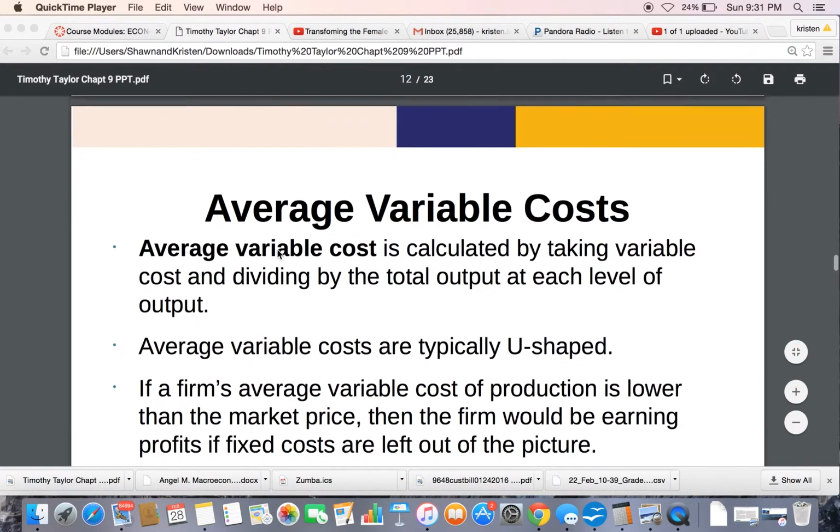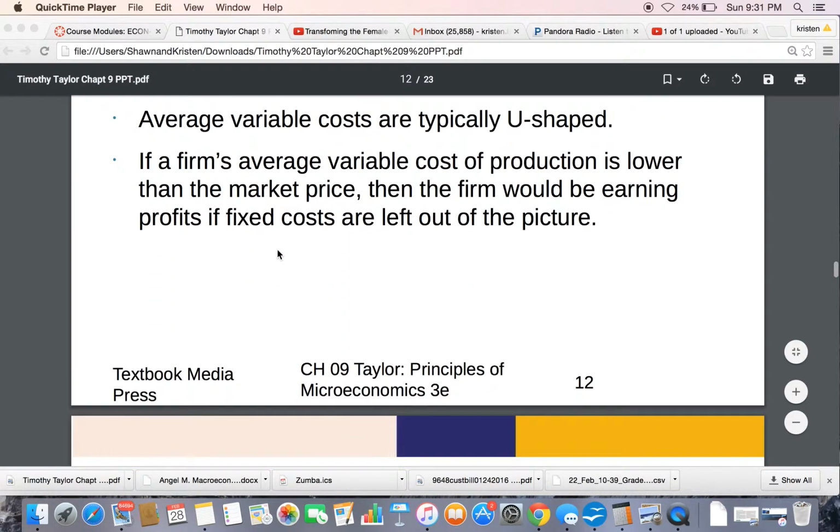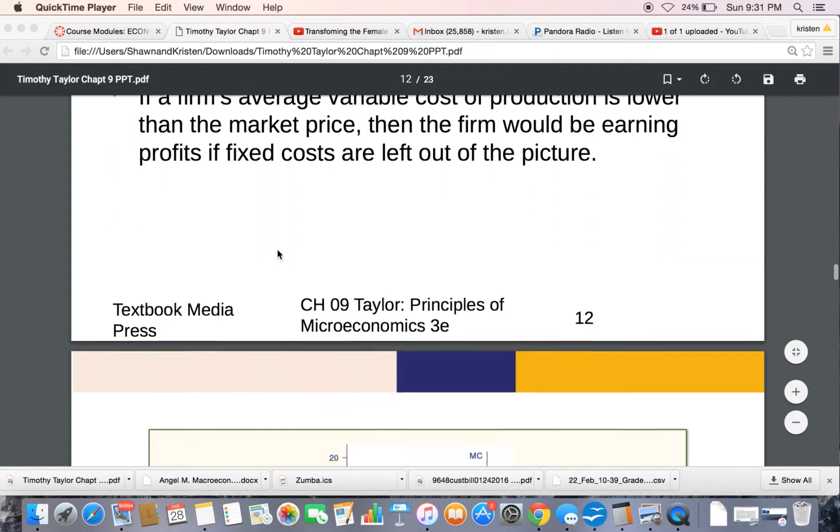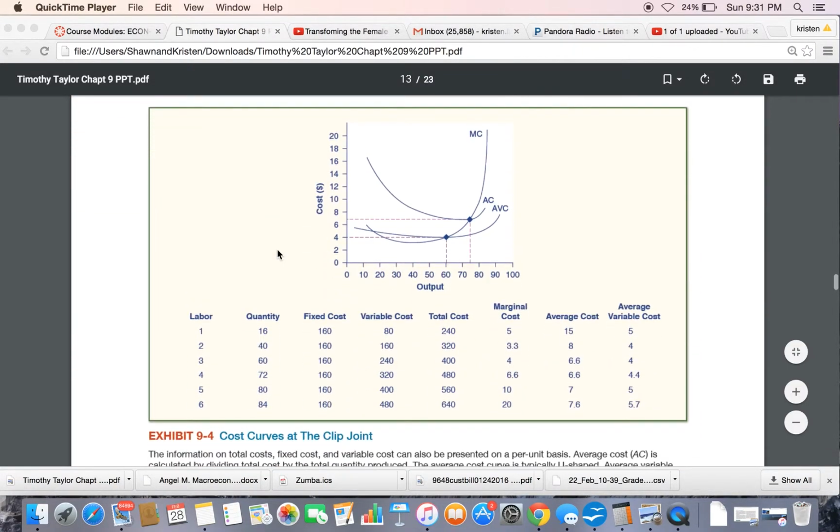Average total cost and average variable cost are very important for you to be able to calculate. I highly recommend reviewing that material. Now, one thing to take a look at is your marginal cost and your average total cost curve. Always remember that your marginal cost curve intersects your average total cost curve at the lowest point on the average total cost curve.